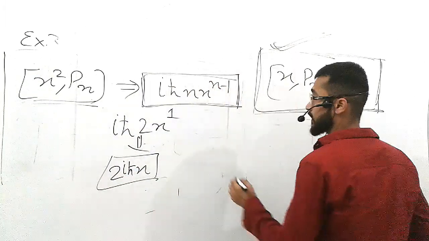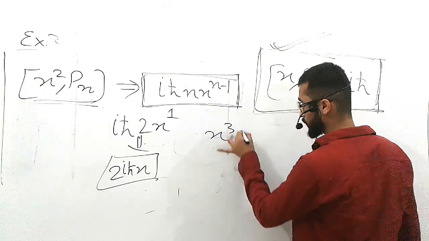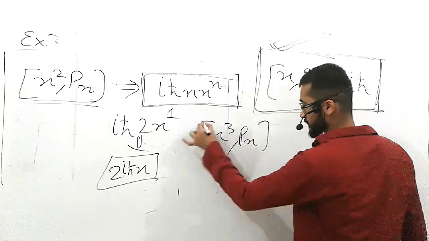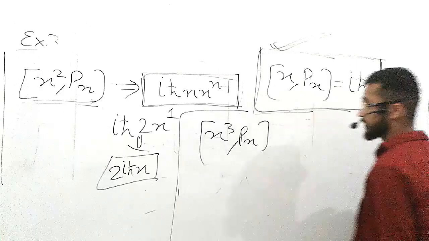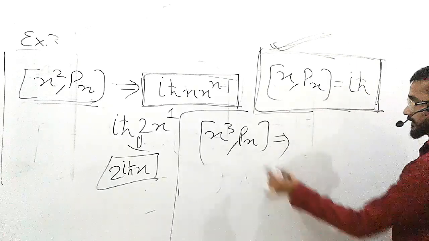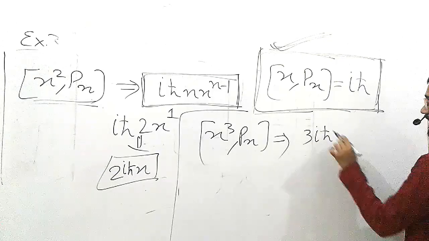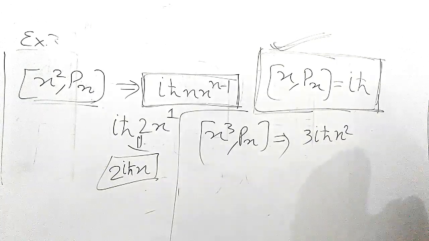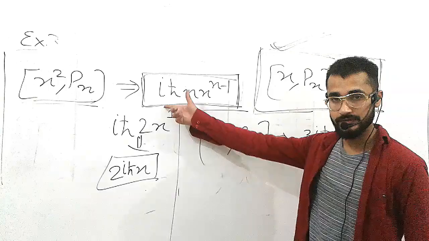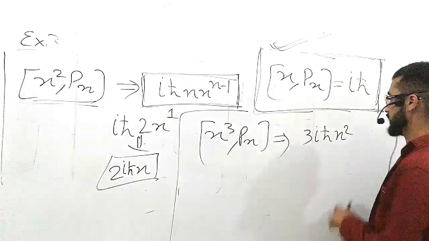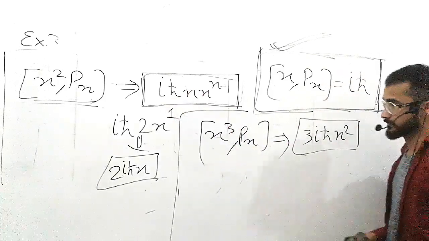And if I take x cube and px, what will be the result? 3 iota h cross x square. We will apply this formula here and we get the result.